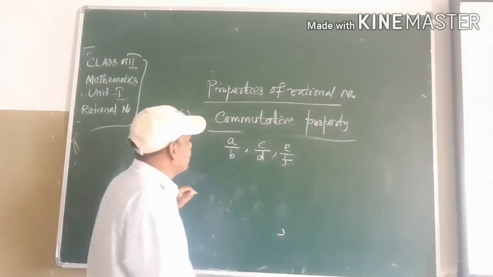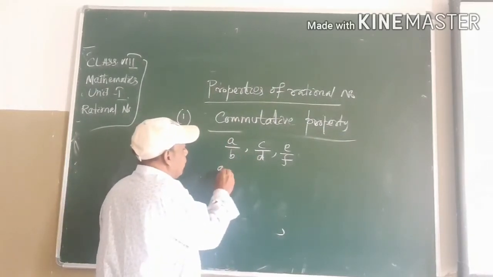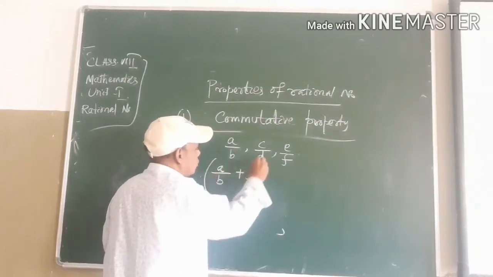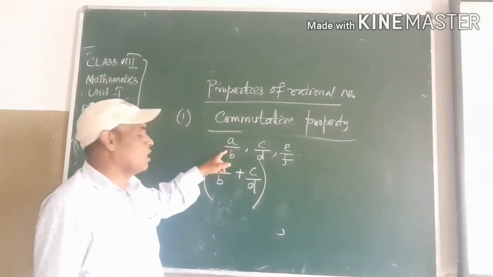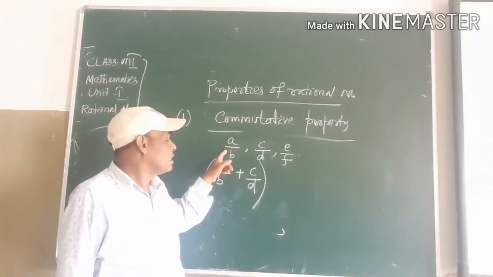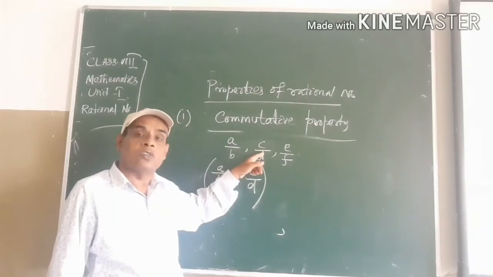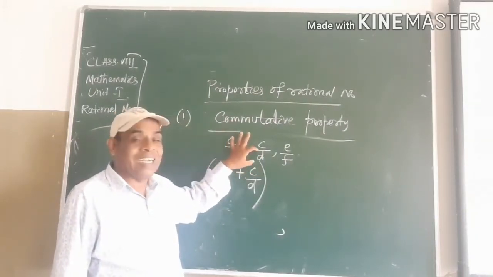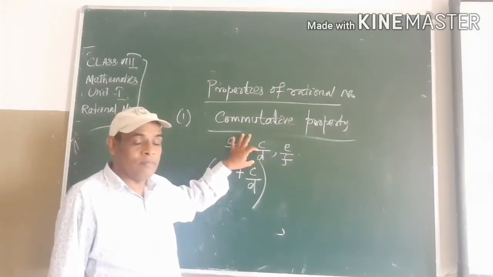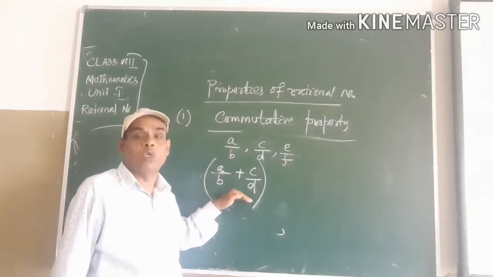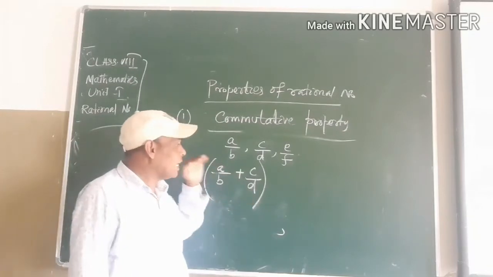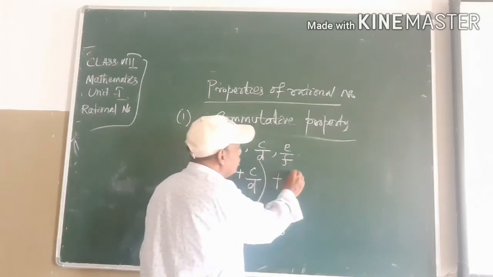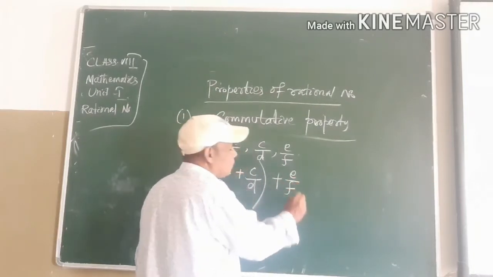So what is that? Now you will say, first add any two rational numbers. Suppose first rational number is a by b, second is c by d. So you will say a by b will be added to c by d. Whatever the result we will get, that will be added to the third rational number, that is e by f.